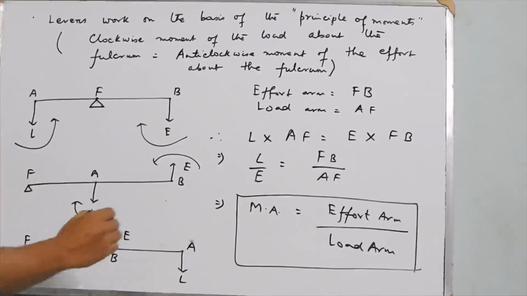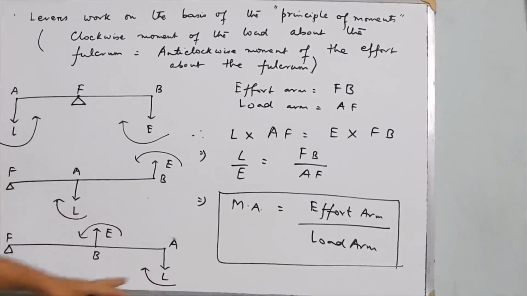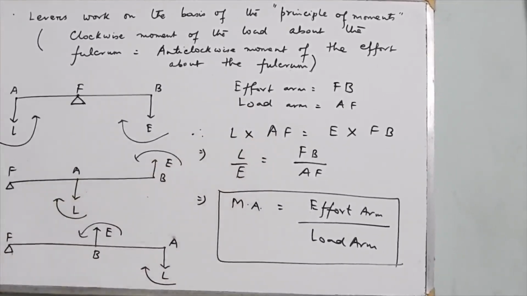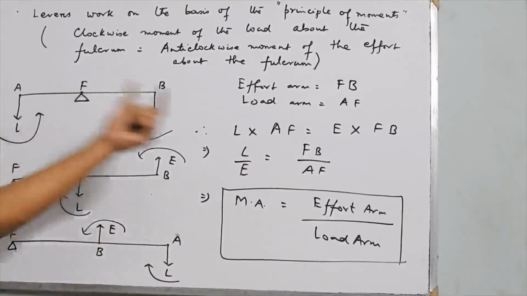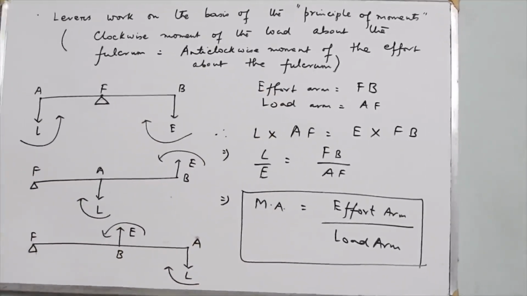You see that this effort is creating an anti-clockwise moment and this load is creating a clockwise moment. So load into load arm, that is L into AF, is effort into effort arm, that is E into FB. So this statement remains valid as per all the classes of levers that we have discussed.